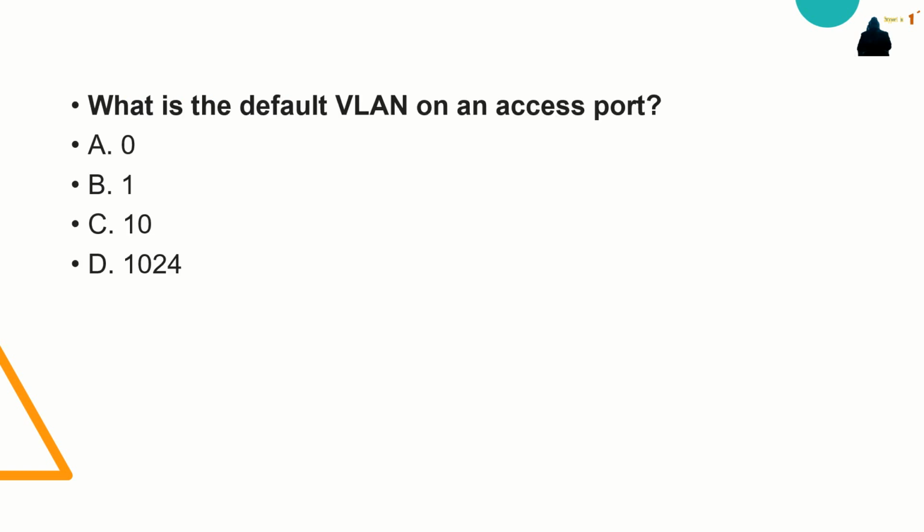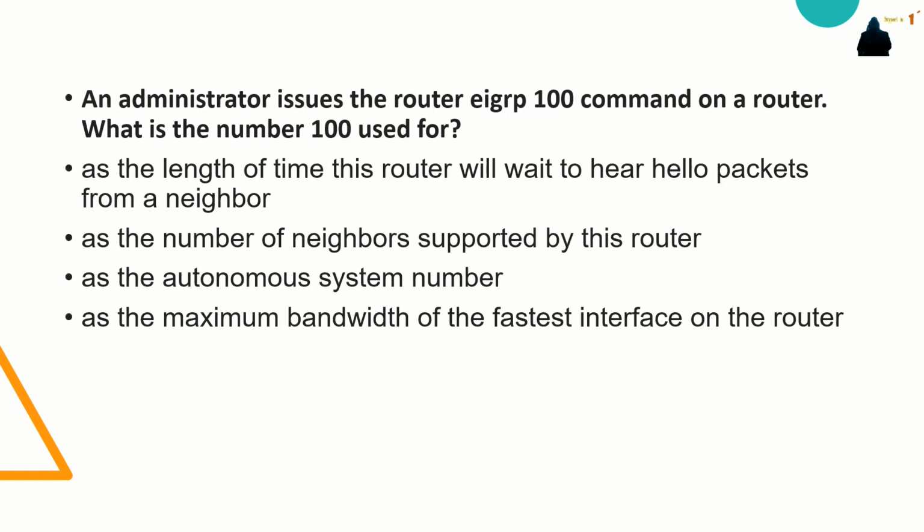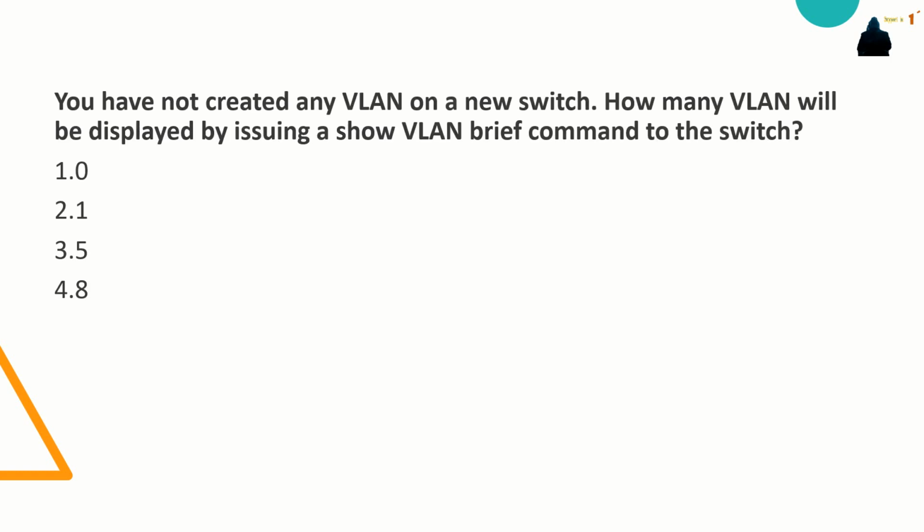What is the default VLAN on the access port? VLAN number 1 is by default always active, and this is the default VLAN, if you remember. You have not created any VLAN on a new switch.